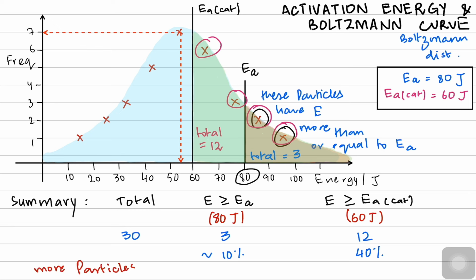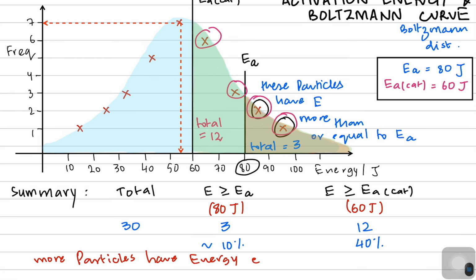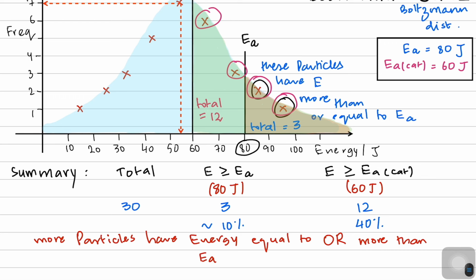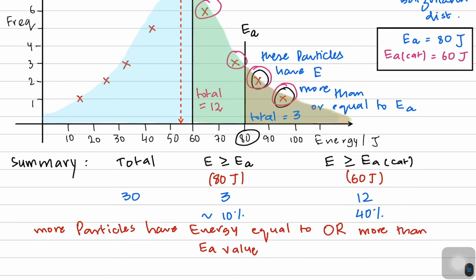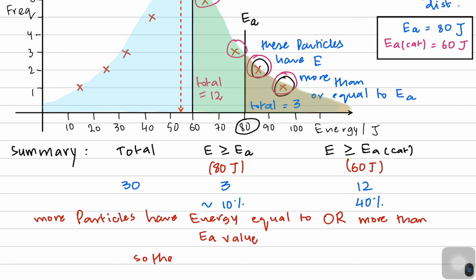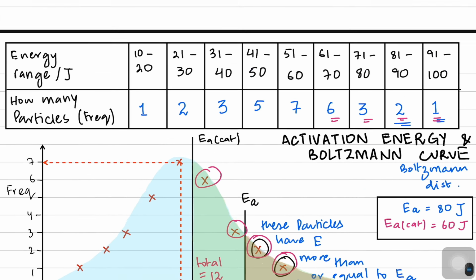Your explanation will involve that more particles have energy equal to or more than the activation energy value. So we are not increasing the energy of particles, we are decreasing the requirement. So their collisions are successful now. And that is the main thing that a catalyst does, by increasing the proportion.